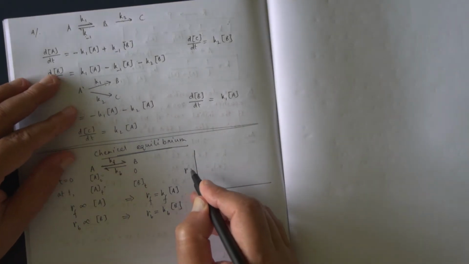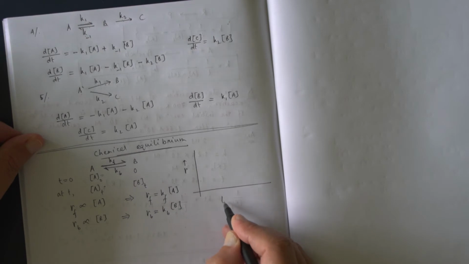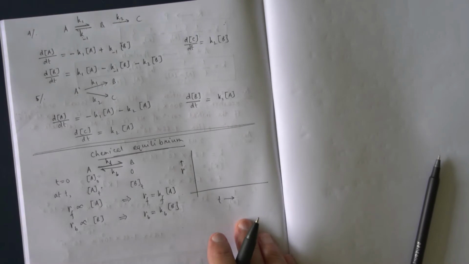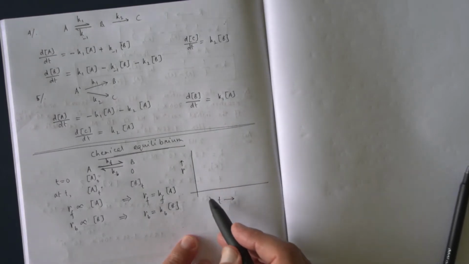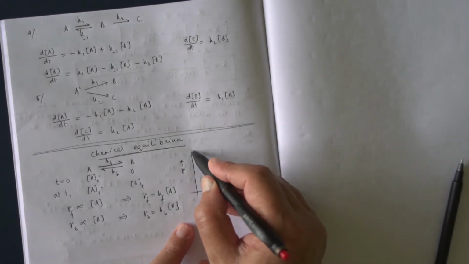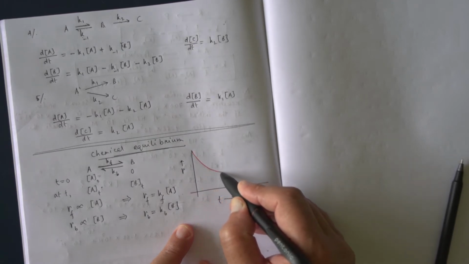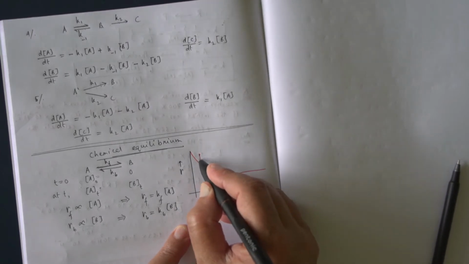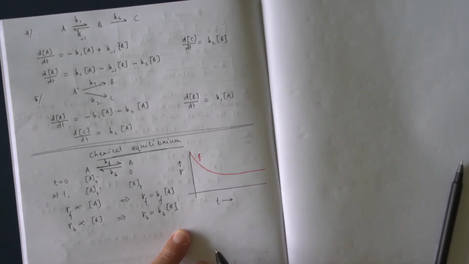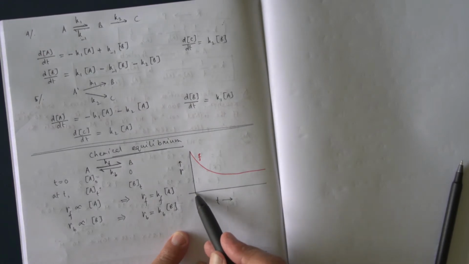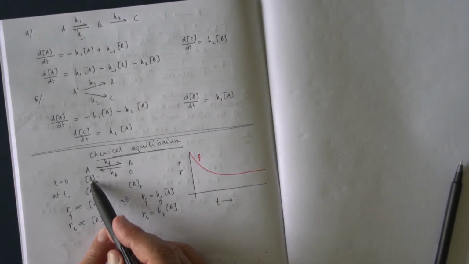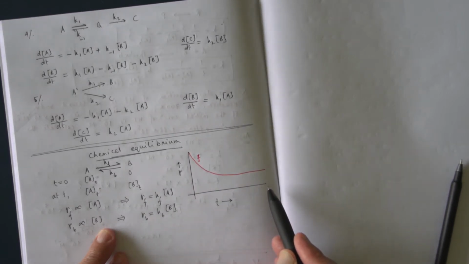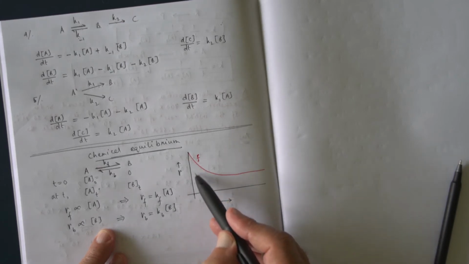rate of reaction versus time. So for forward reaction, it will be like this. Initially, concentration of A is maximum, so speed is maximum. As time passes, speed of forward reaction decreases. Why?